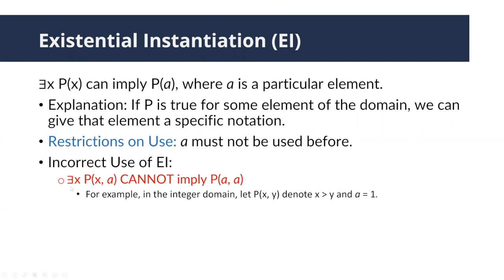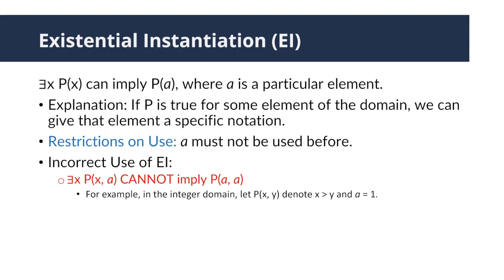Okay, now let's see what this logical expression means. It says, there exists an integer x such that x is greater than 1. And we know that can be true. However, this one says 1 is greater than 1. Obviously, that's false. So we can see if we don't follow the restriction on the use of this rule, and we introduce an a which has been used before, then we would end up with implying from something true to something false.